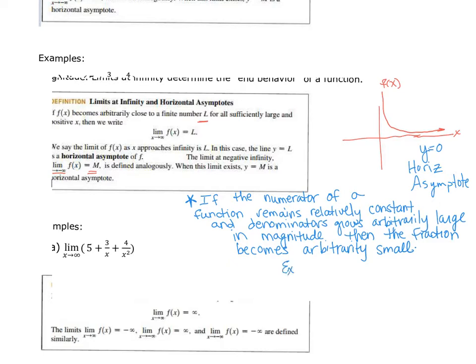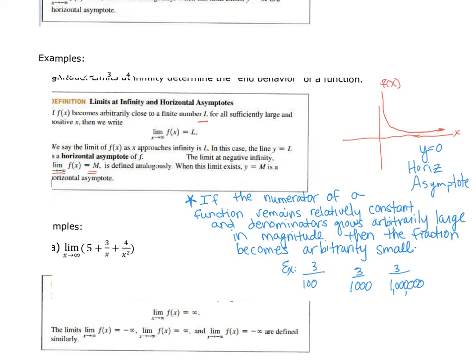So you might be thinking of something like 3 over 100, 3 1,000ths, 3 1,000,000ths. As the numerator stays the same and the denominator gets larger and larger, the fraction actually becomes smaller and smaller.